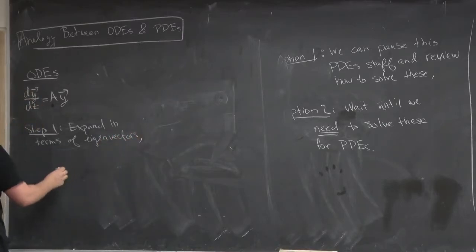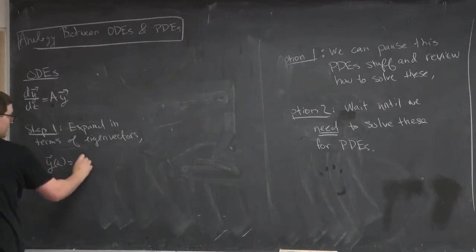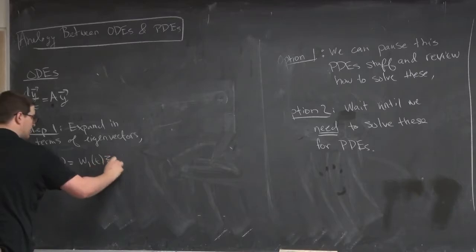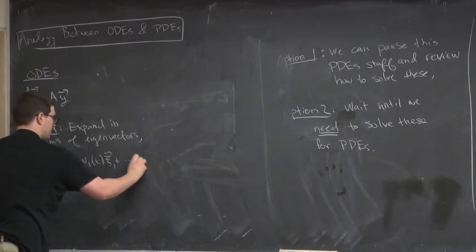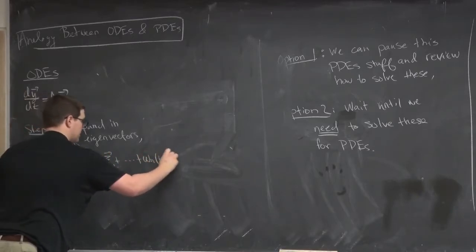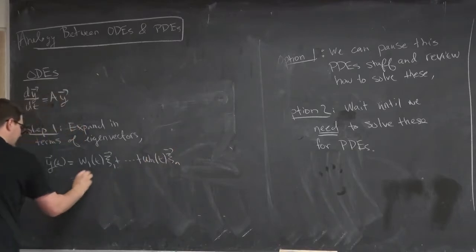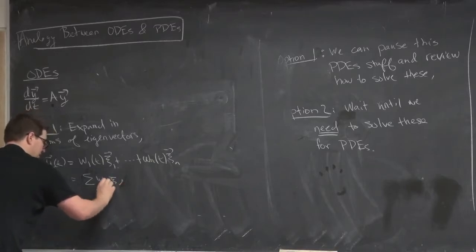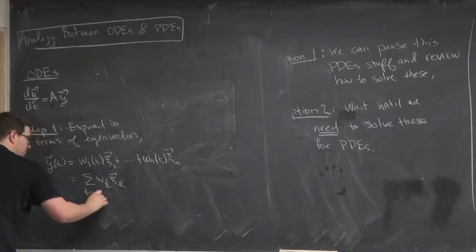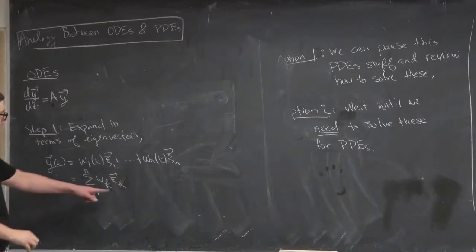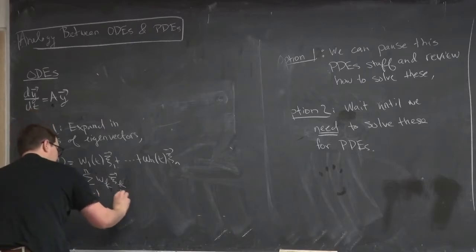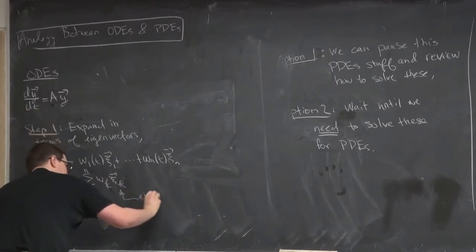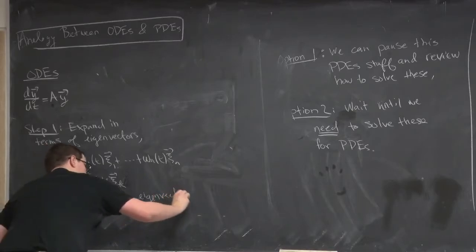Okay, and we write y, which is a function of t, as w1(t) c1 plus ... plus wn(t) cn. And this is just a sum of wk(t) ck for k equal to 1 up to n. Okay, so these guys here are the eigenvectors.